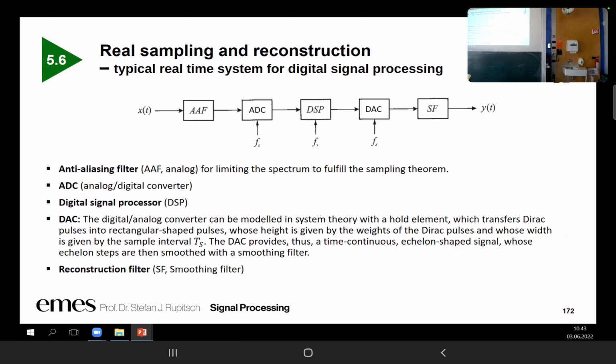But due to the fact that in such a digital to analog converter we often have such a hold procedure, we have to compensate this with a reconstruction filter. If we have a high sampling rate, also for the digital to analog conversion, this filter can be a simple low pass filter.